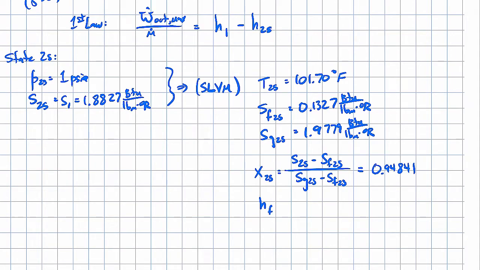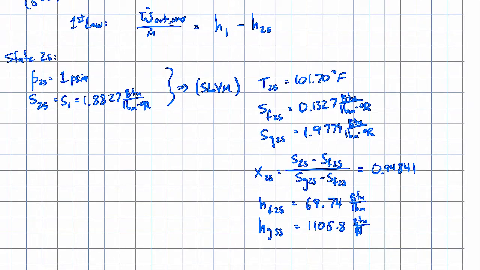And then we can calculate the specific enthalpy from this. Here's the specific enthalpy for the saturated liquid: it's 69.74 BTUs per pound mass. Specific enthalpy for the saturated vapor is 1,105.8 BTUs per pound mass.